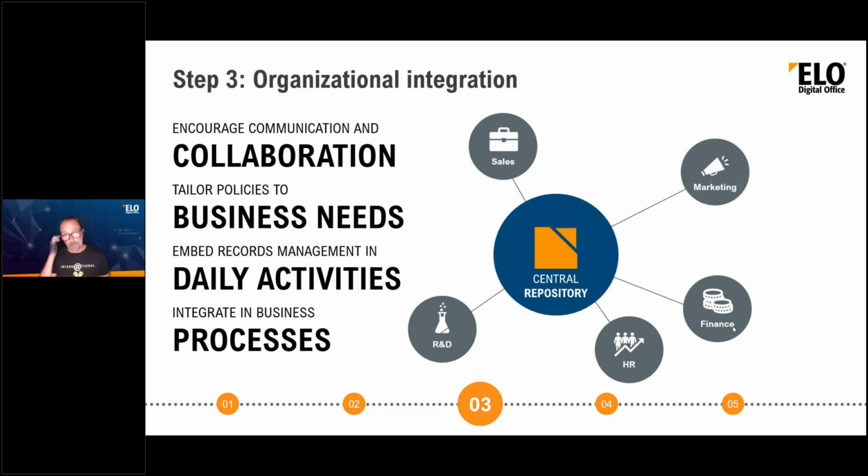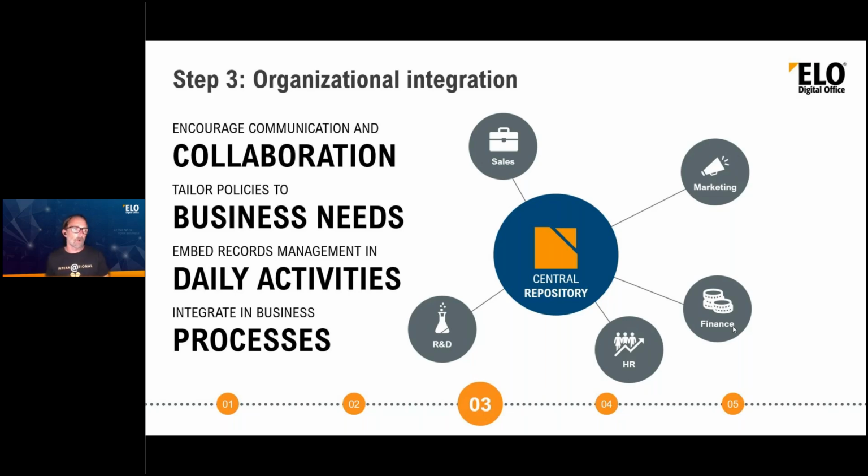So tailor the policies to the business needs. Embed the records management in daily activities. Some things may happen automatically with the ELO ECM Suite, but some things may need a manual process as well. And you have to embed those in the daily activities and integrate it in the business processes. So that's the organizational integration.